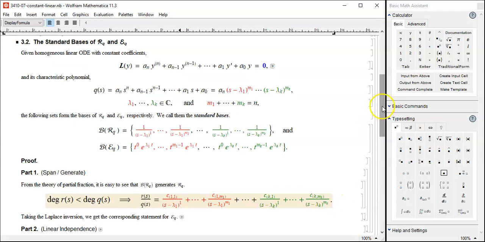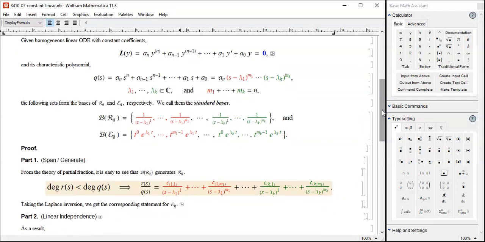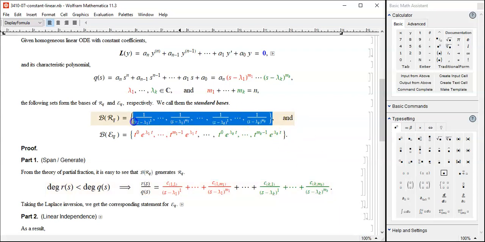It follows rather easily from the theory of partial fractions. The degree of the denominator is bigger than the degree of the numerator, so we don't have any integer part or quotient part. So we have this strict decomposition by partial fractions based upon the factorization of the denominator, which is right here. Okay, alright. So much for this set generating entire RQ.